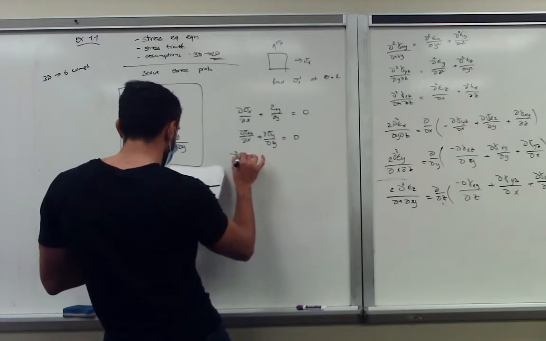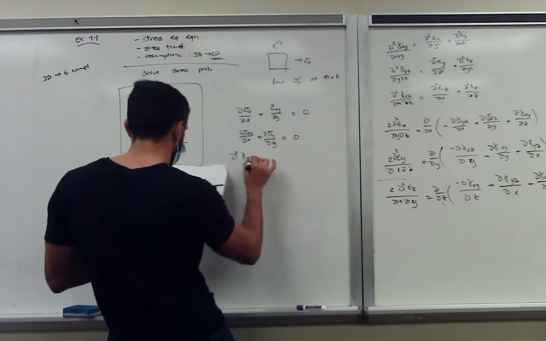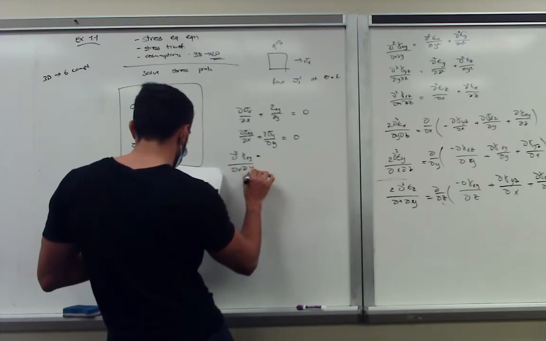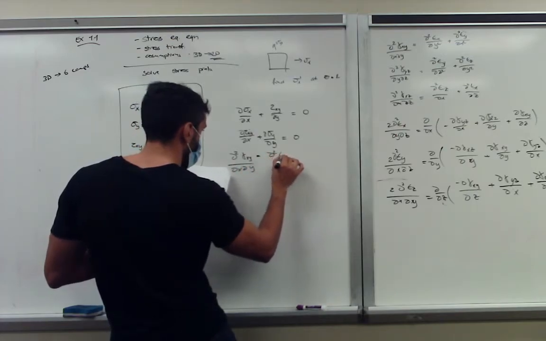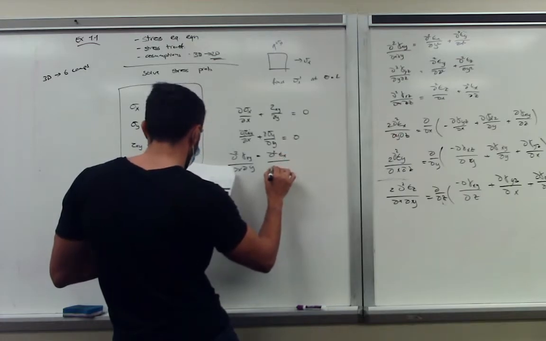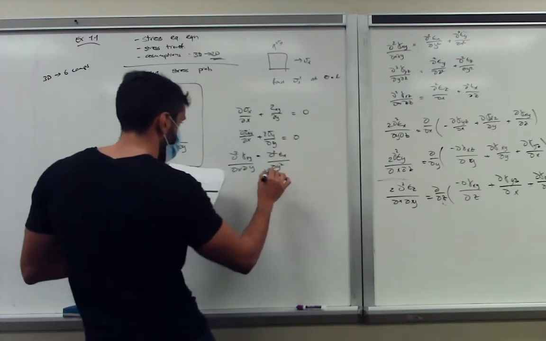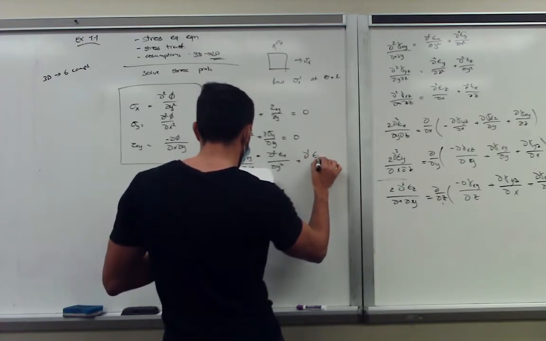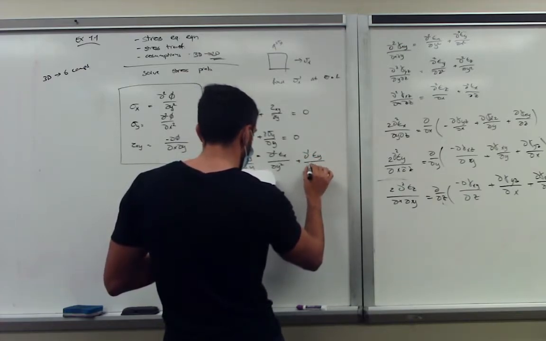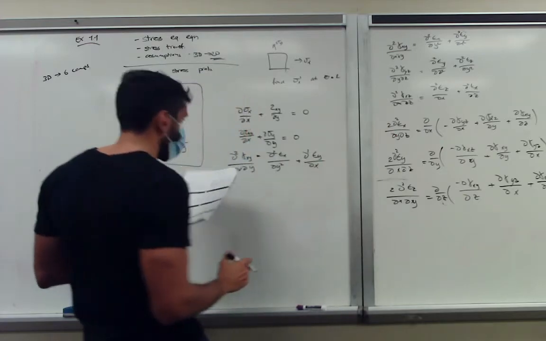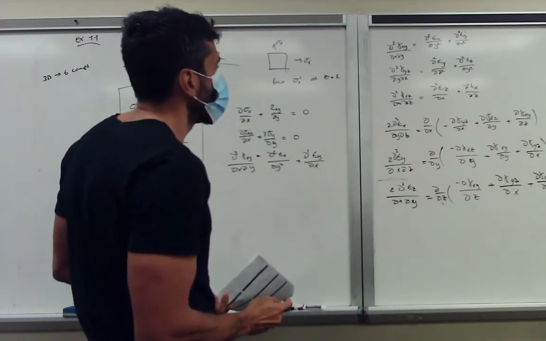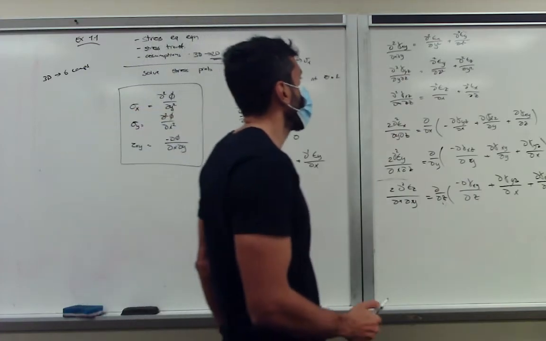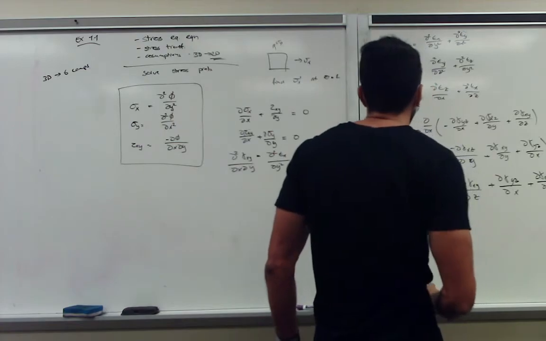So basically, variation of anything in Z goes to 0. So any derivative with respect to Z disappears.